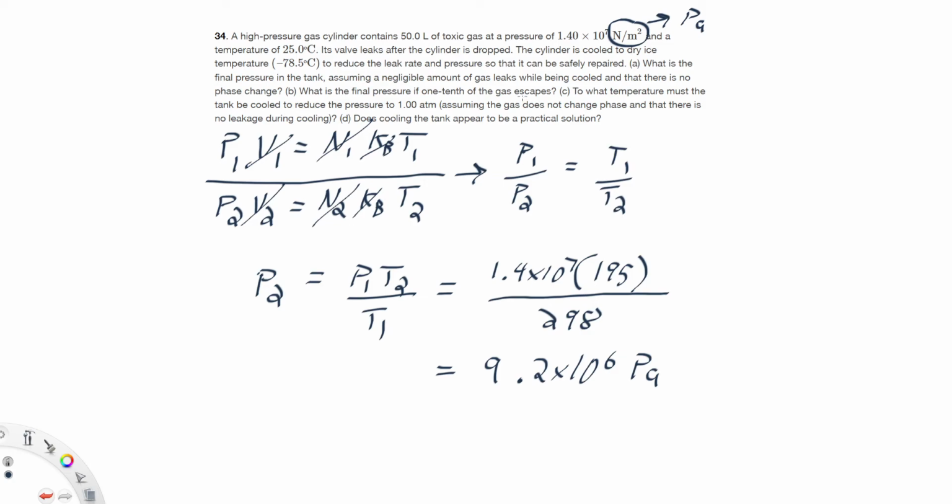What if 10% of the gas escapes and kills half of the people that are handling the cylinder? That's part B. What? They said it's toxic. They didn't have to say it was toxic before they talked about a leak.